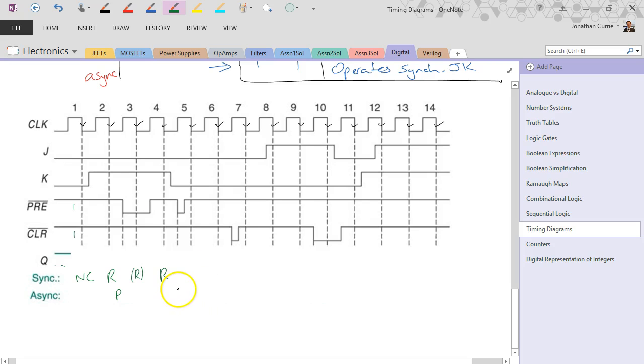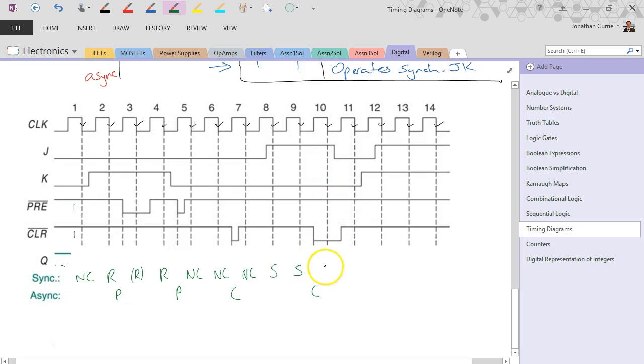Then we have another preset, then a no change, then another no change, then we get a clear, then we get another no change, then we get J going high, so we have set, set again, and we get our clear.